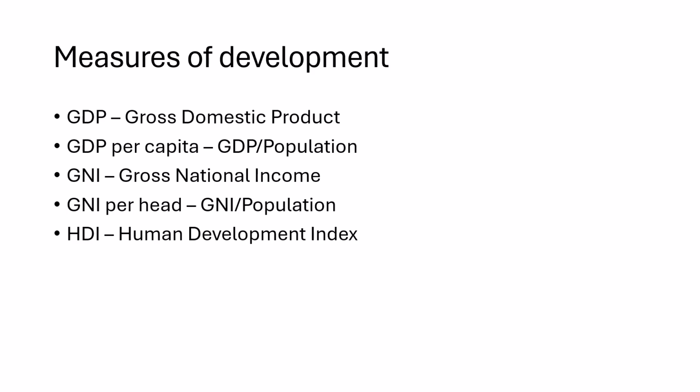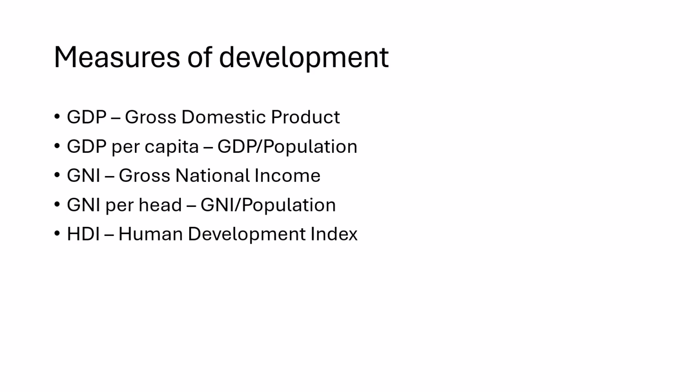So, for example, a lot of people migrate from countries in Africa and they might sometimes come to Europe and start working there. So they might send some money back to their countries, and that gets added to the GNI. Again, though, some people would be adding more than others. And GNI per head is basically the same idea as GDP per capita. It's the GNI divided by the number of people in the population. So the same issues still exist with them.